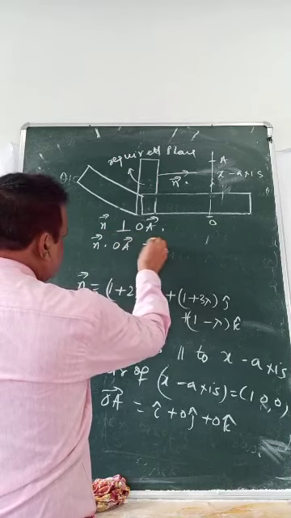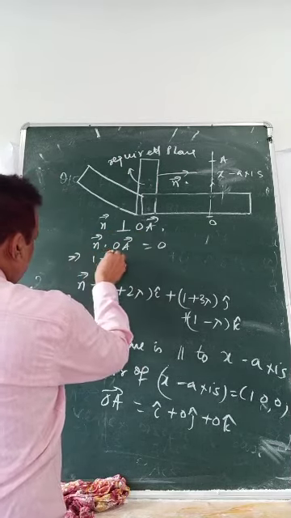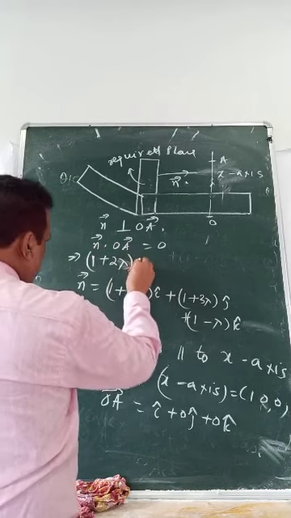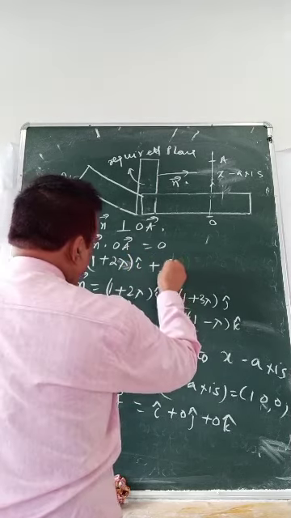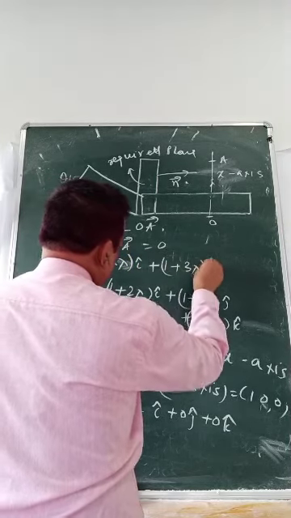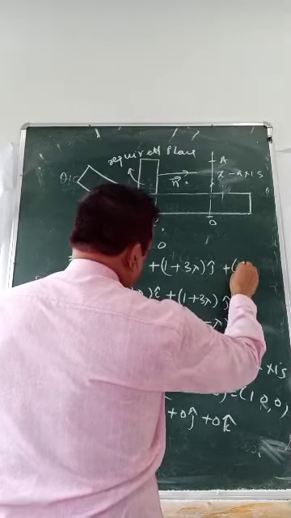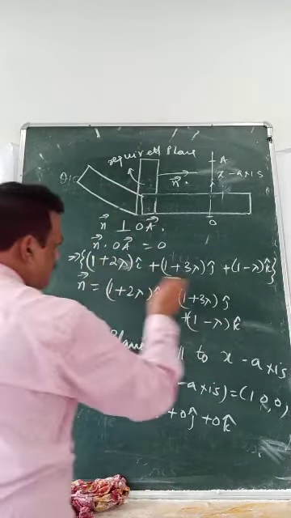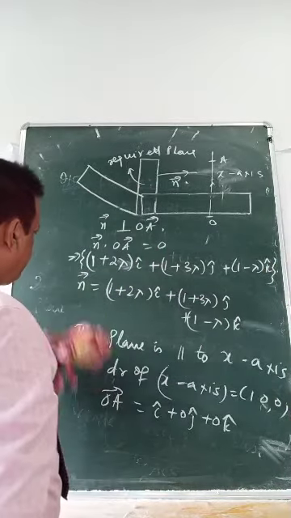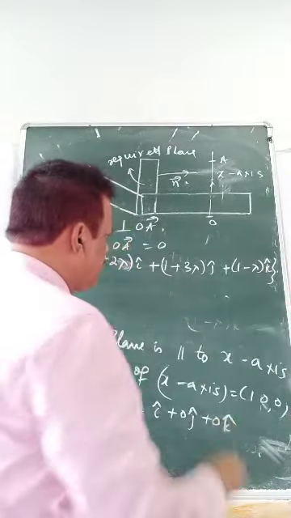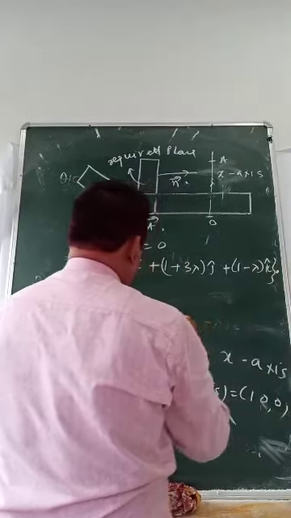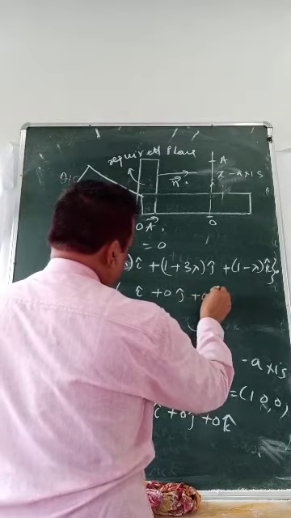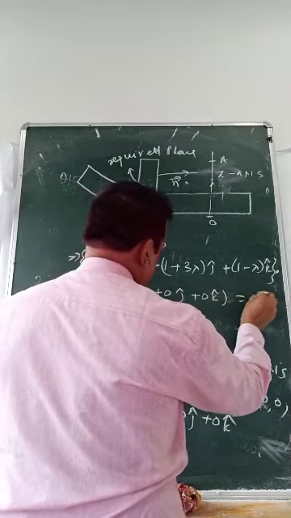OA equals 0. (1 plus 2 lambda) i plus (1 plus 3 lambda) j plus (1 minus lambda) k dot (i plus 0j plus 0k) equals 0.